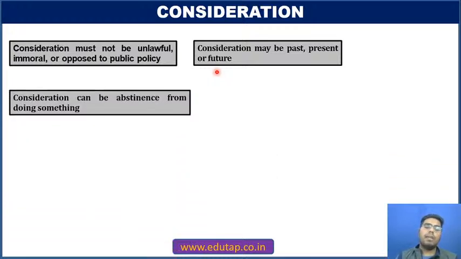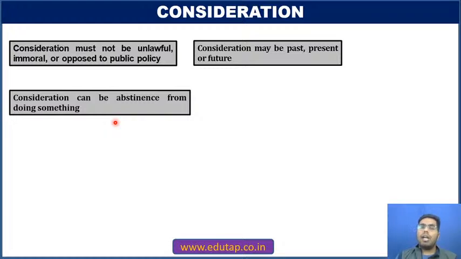Next is consideration can be abstinence from doing something. Very important. Consideration can also be abstinence from doing something. Suppose I'm a doctor, doing my practice in a particular area, and a new trainee doctor is also working with me as my assistant. Now, after working for 5 years, he has got much expertise. He wants to open his own clinic nearby my clinic.